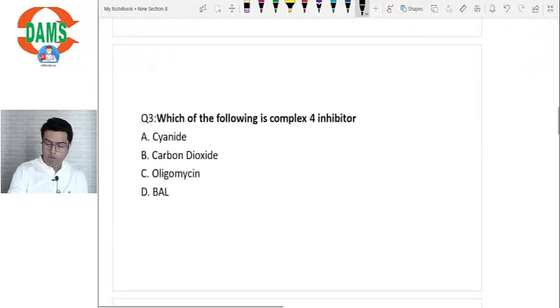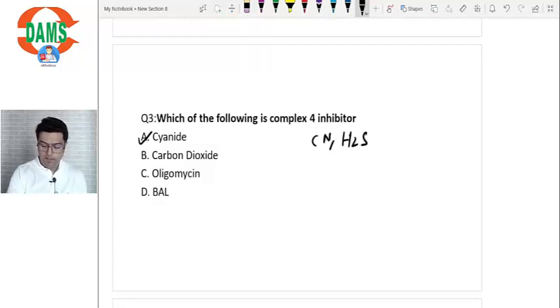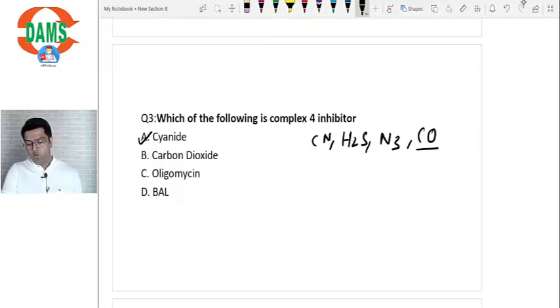Moving on to question number 3, which of the following is a complex 4 inhibitor? As we all know, the answer is cyanide. So the four important inhibitors most commonly asked in exams are cyanide, H2S, azide, and carbon monoxide, not carbon dioxide.